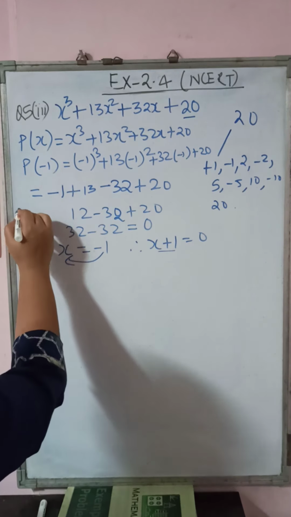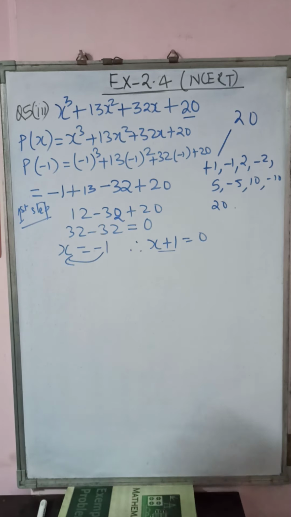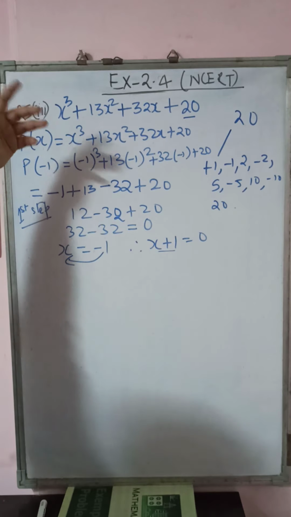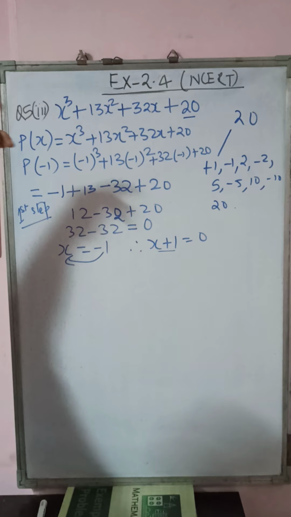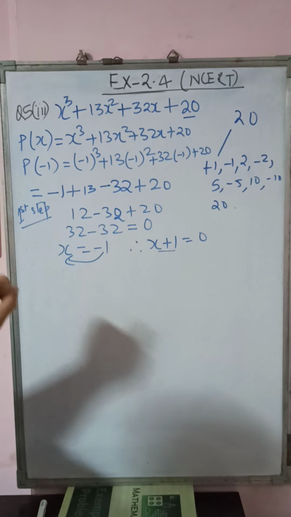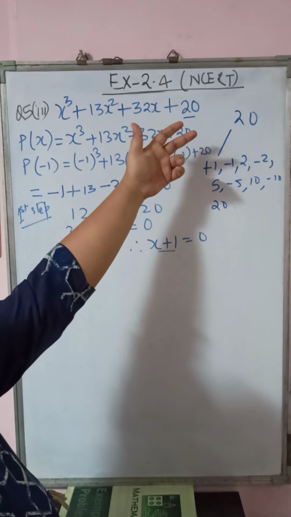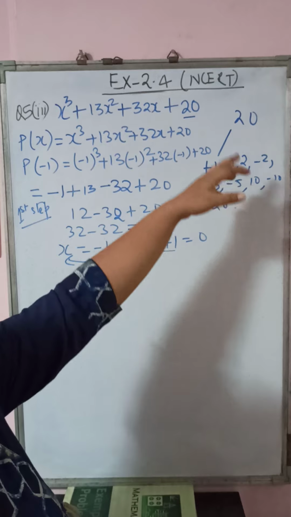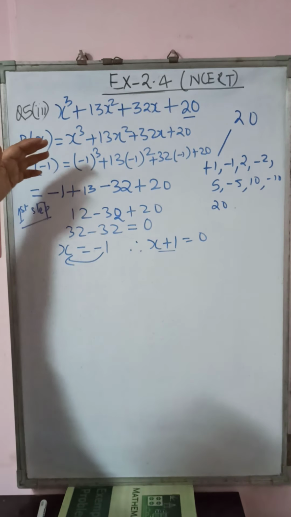Always remember, this is the first step whenever you get a cubic polynomial, in the exam also. The first step is to find the first factor by using what? The trial and error method. What is the trial and error method? You have to see the last term and write all the possible factors of that number, and substitute each factor one by one.